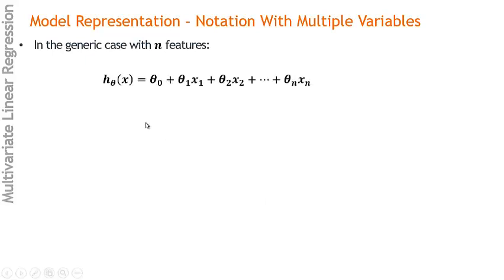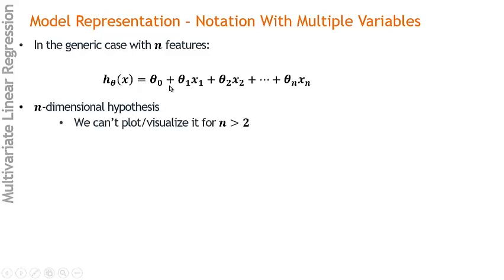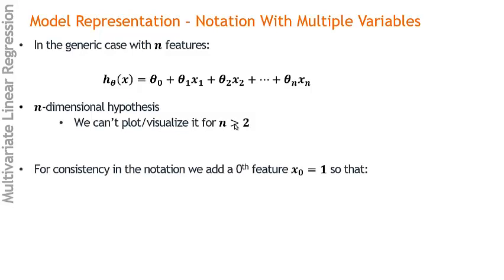Here is what we had for our model. We certainly can visualize it for n greater than 2. Now, in order to make things easier, and you'll see how this works in a minute, instead of treating this constant term separately, we'll just add a feature x0 equals 1. So it's kind of like a dummy feature, but it's something that would influence each of the outputs the same.